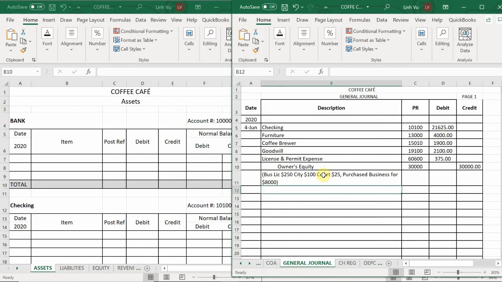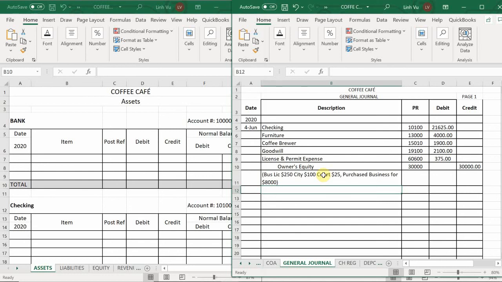And the trial balance is going to be based off of your general ledger. So if you skip an account, that's why you have discrepancies, or that's why when you run your trial balance, your debits and your credits do not match, because you skipped around and forgot to add something into the ledger. So this is where most accounting errors happen, is transferring the information from your journal to your ledger.